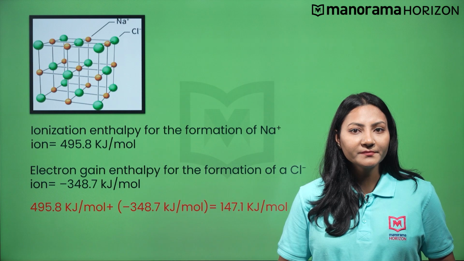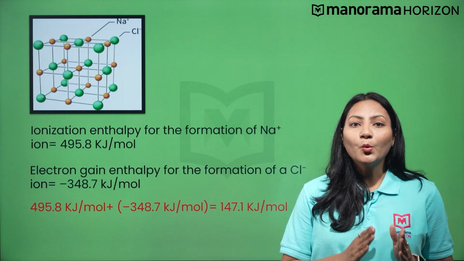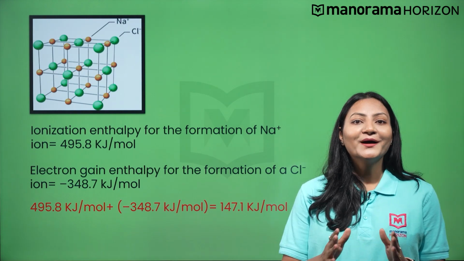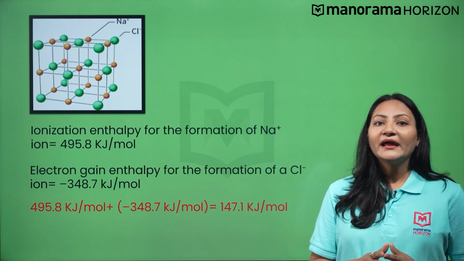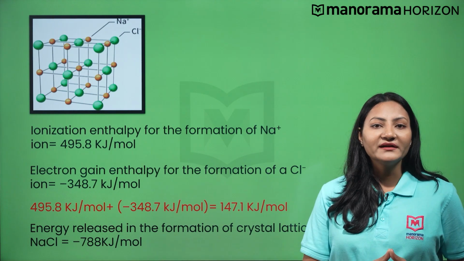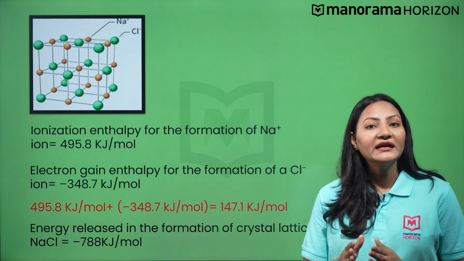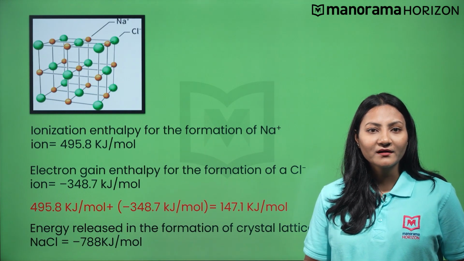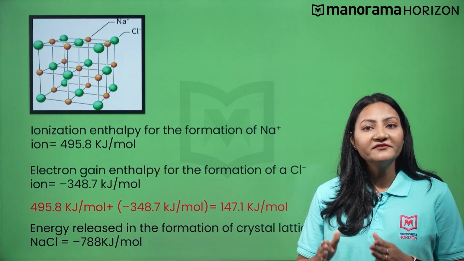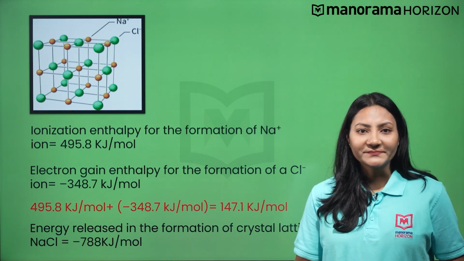Now, when you look at the sum of the two, it is equal to 147.1 kJ per mole, which is positive. But in the formation of the crystal lattice of sodium chloride, some amount of energy is released, which is equal to minus 788 kJ per mole. So then, the overall energy released will become a negative value, which makes the crystal lattice more stable.